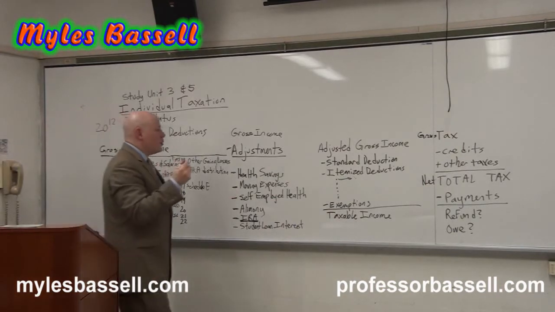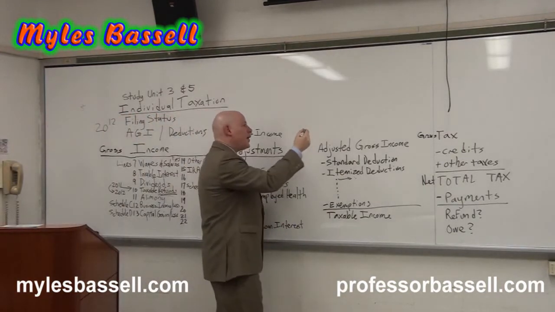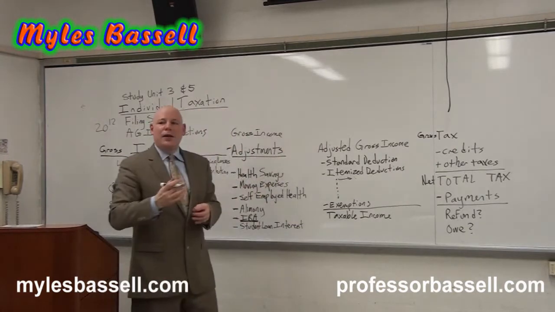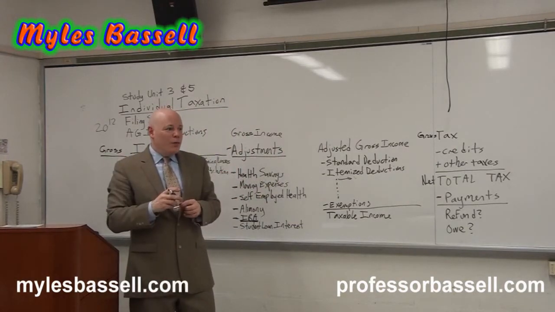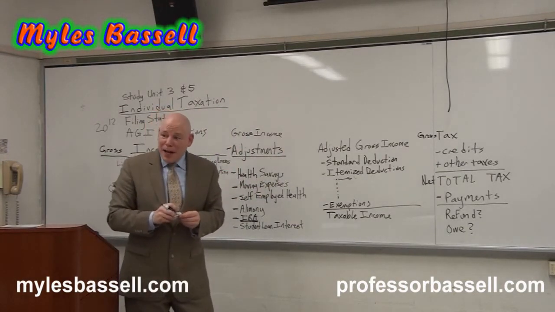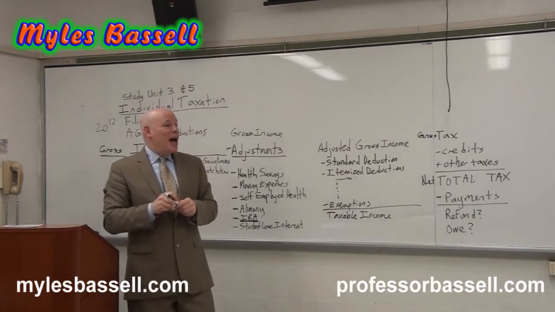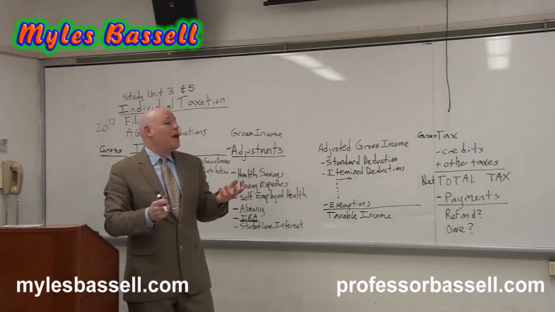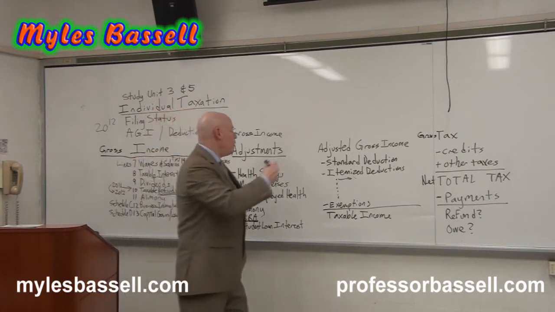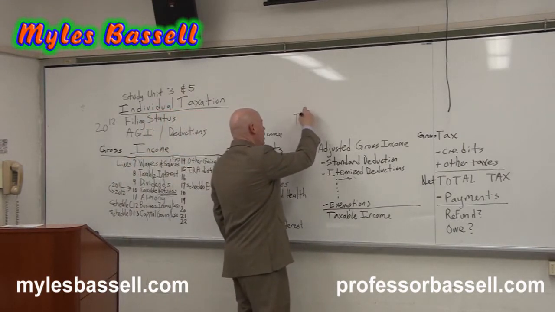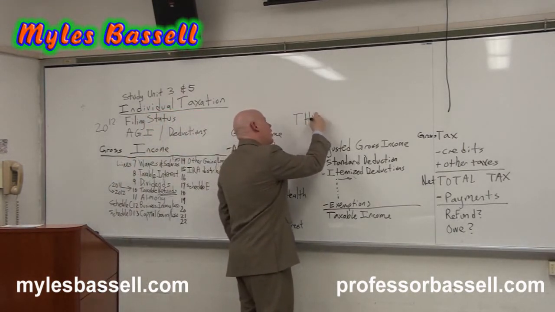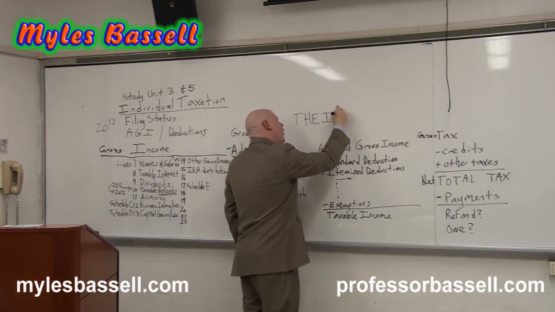You know, we always talk about the IRS. You ever hear that? We always say the IRS, the IRS, the IRS. You know why we always talk about the IRS? Watch, I'm going to show you right now. Here we go. This is the IRS.